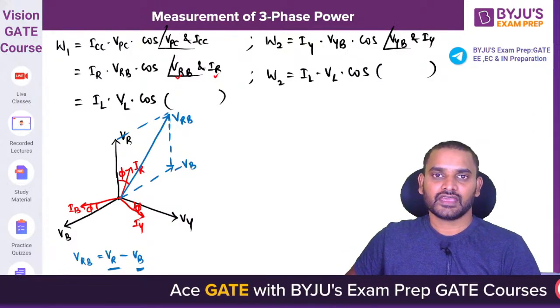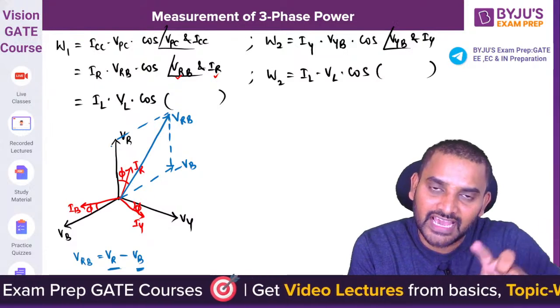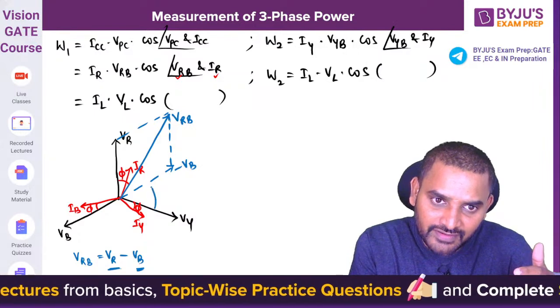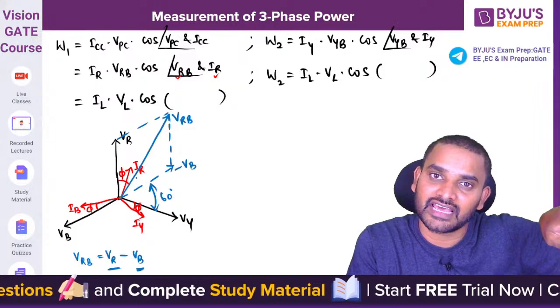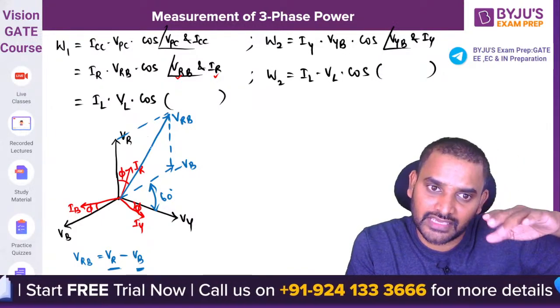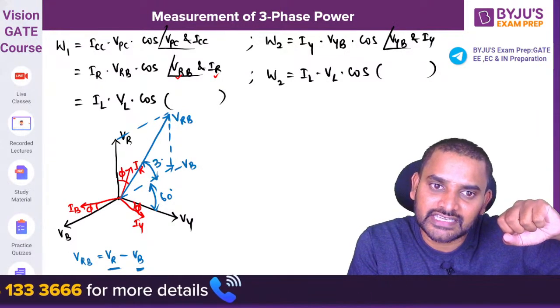When you draw minus VB, the angle between VR and VB is actually 120 degrees. The angle between VY and minus VB is 60 degrees. Similarly, the angle between minus VB and VR is 60 degrees. Now when you draw the resultant VRB, the angle between minus VB and VRB is 30 degrees, half.